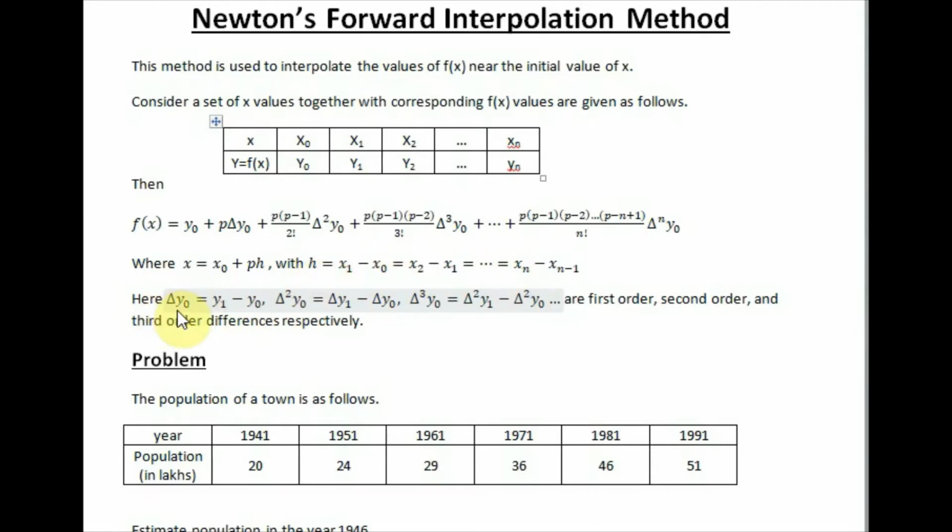Here delta y0 is y1 minus y0, and delta square y0 is delta y1 minus delta y0. Similarly, delta cube y0 is delta square y1 minus delta square y0. These are known as first order, second order, third order differences respectively. All these values can be determined from the forward difference table.